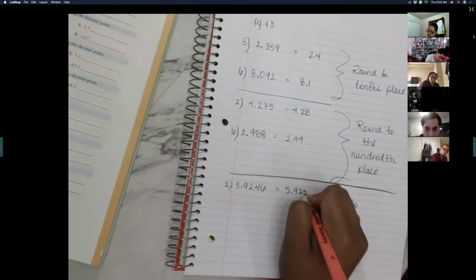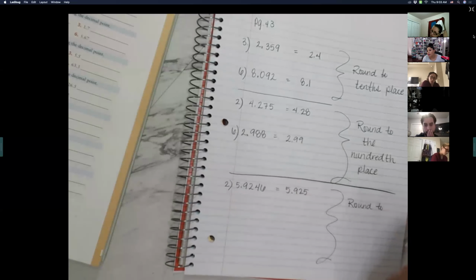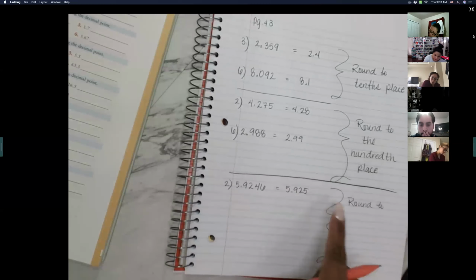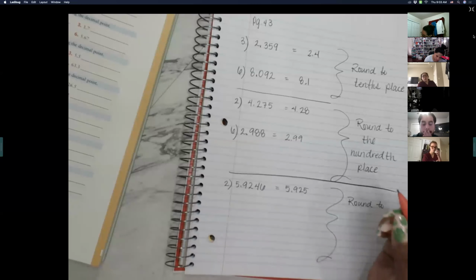Perfect. Did everyone get that? Yes. Holler at me if we need to slow down. Holler at me if you feel like we need to hurry up. Sorry, what was the question for that one? Round to the thousandths place. So tenths, hundredths, and then the thousandths. Cool.